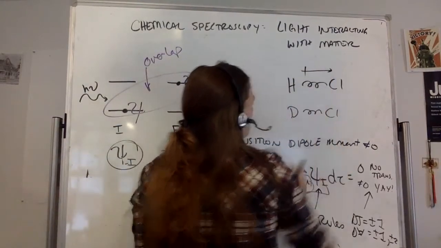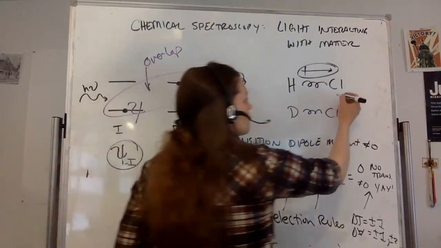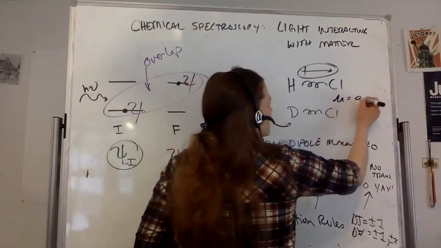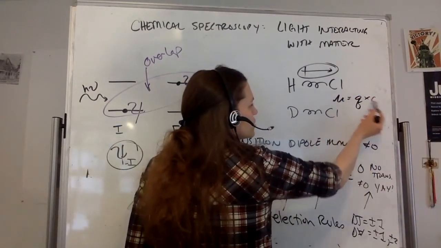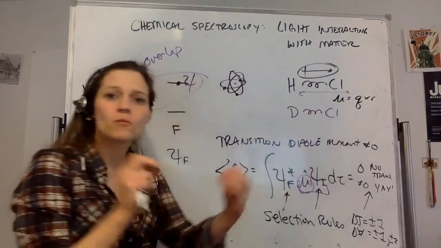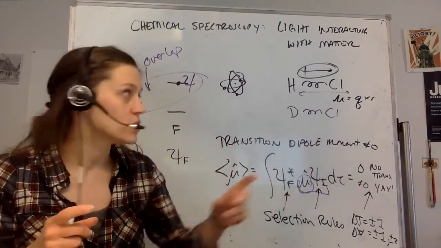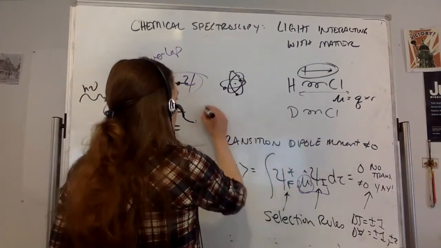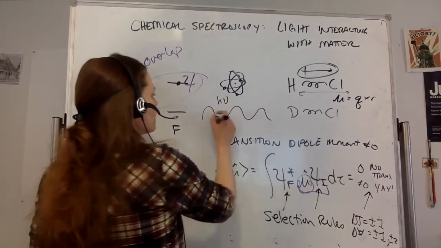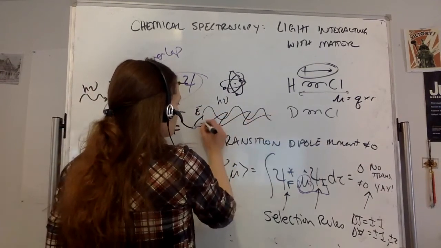Anyway, this thing's oscillating. It's a dipole. It has an oscillating dipole moment. And so dipole moment, not to be confused with transition dipole moment, is charge across a distance. And so as this distance expands, that dipole moment changes. There's an oscillation there. As there's an oscillation, you're going to have some wavelength of light coming in that has both an E field and a B field.